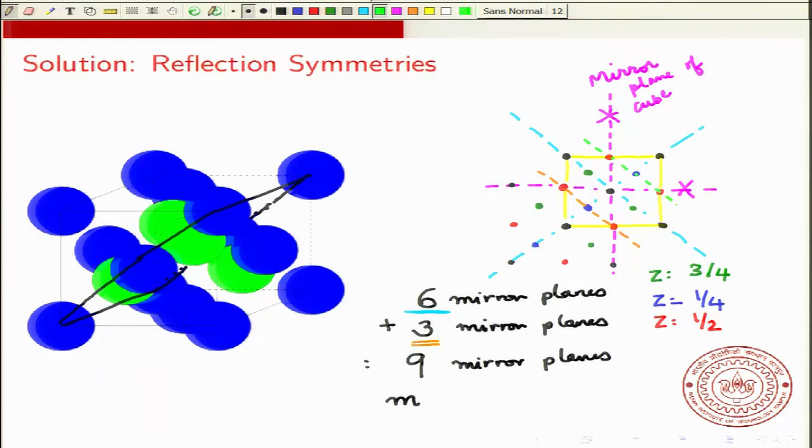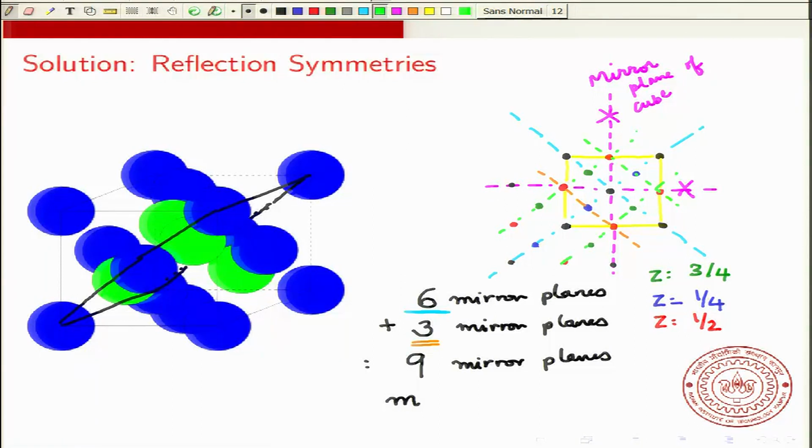This is also a mirror plane. Similarly, you could consider a plane like this. This would also be a mirror plane. So these planes shown in green would also be mirror planes.